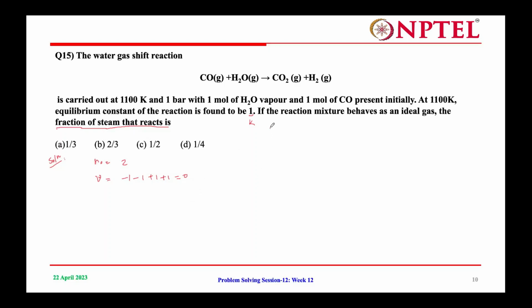Now to calculate the reaction extent of the reaction, there is one relation: K equals P to the power of the total stoichiometric coefficient times the product notation of yi to the power νi, right?